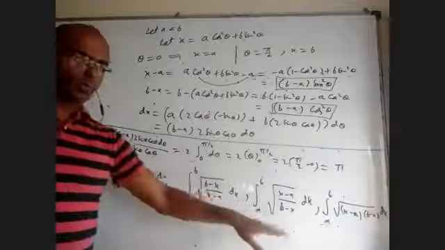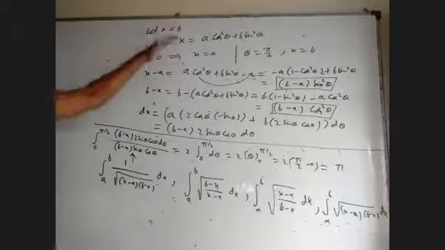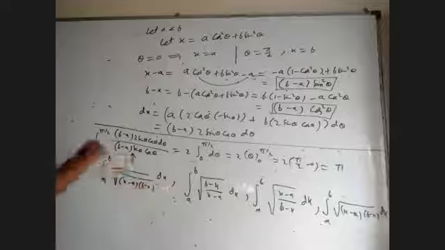Okay, I think all these questions you don't have to write. We'll do one by one. Or you can write all these things and then only write this question and the explanation.